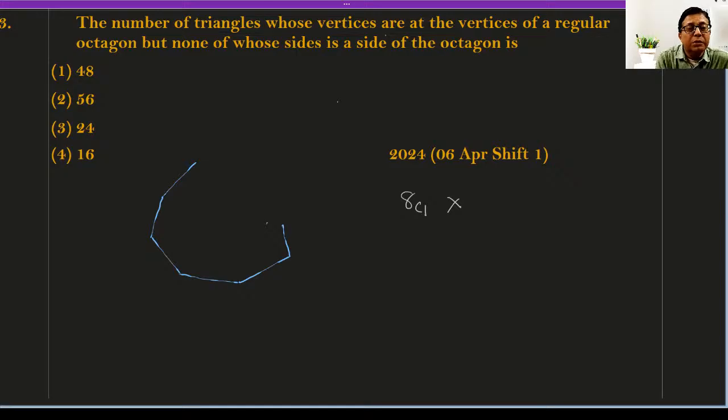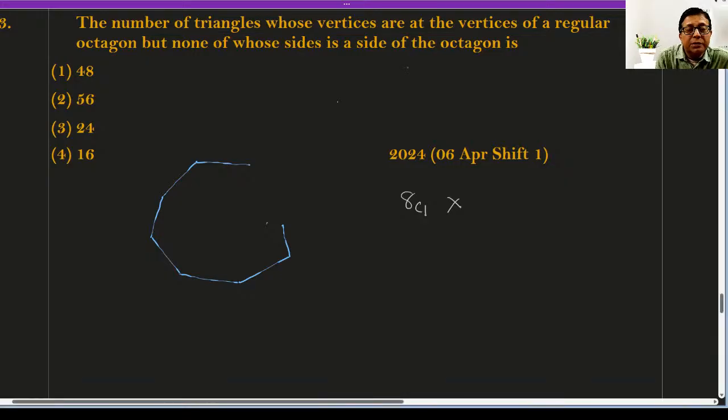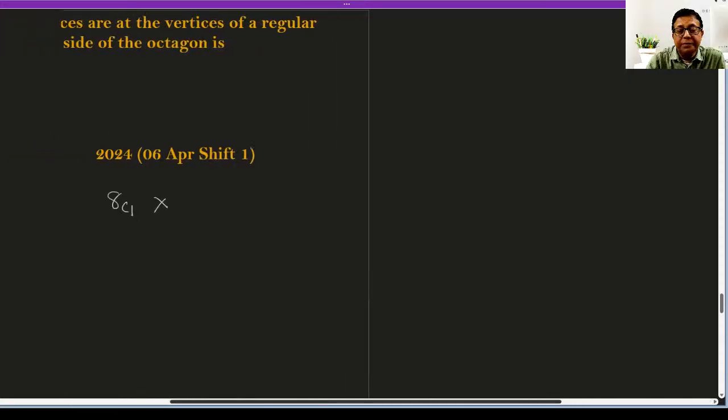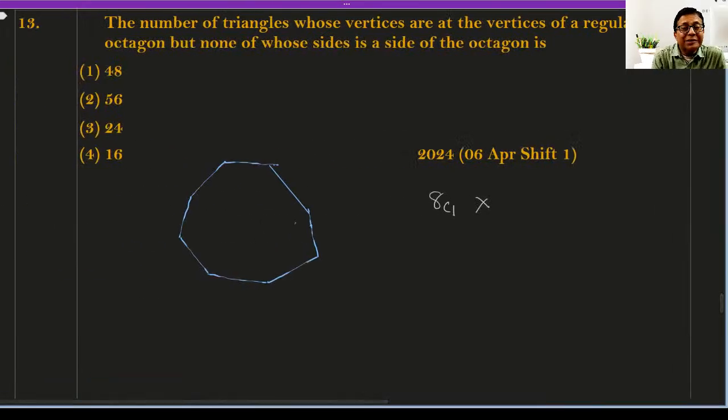No. Still 1, 2, 3, 4, 5, 6, 7. This is also not an accurate figure. What kind of triangle are they asking? Let me explain first. You join these two and this one. Okay?